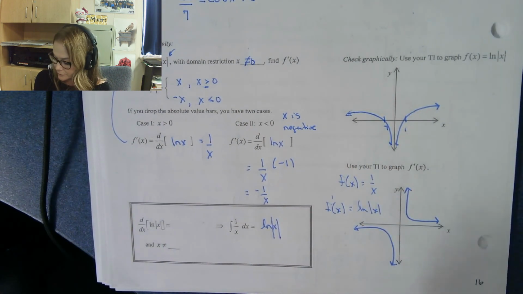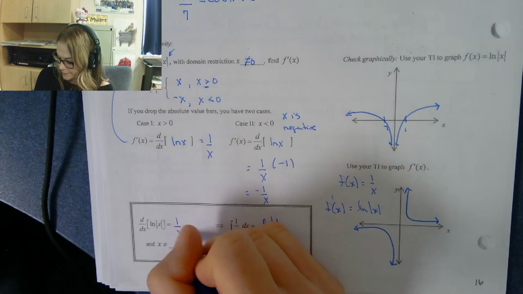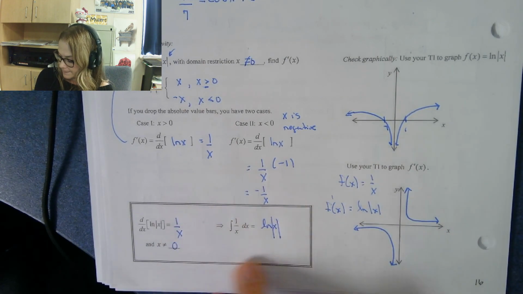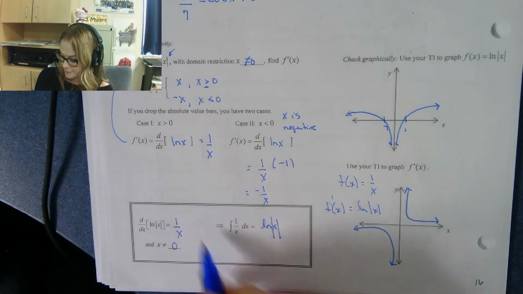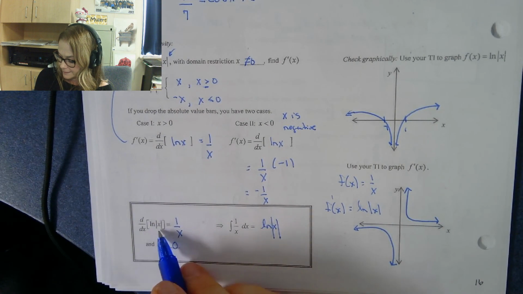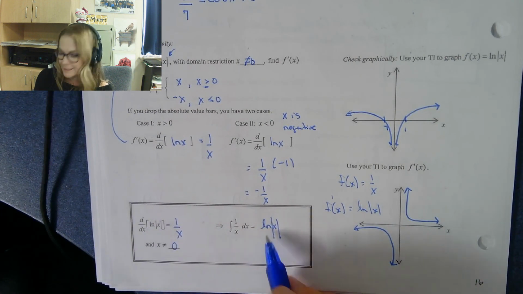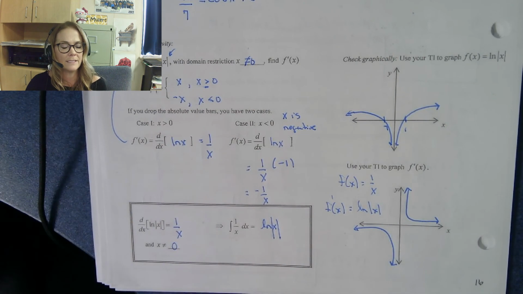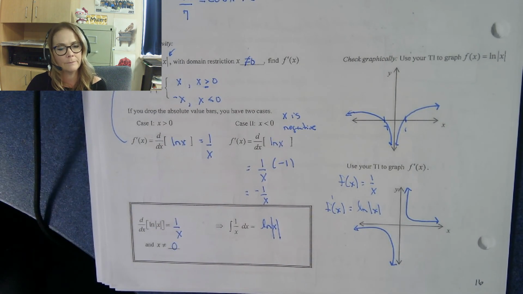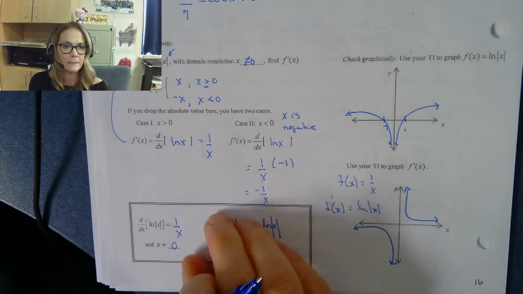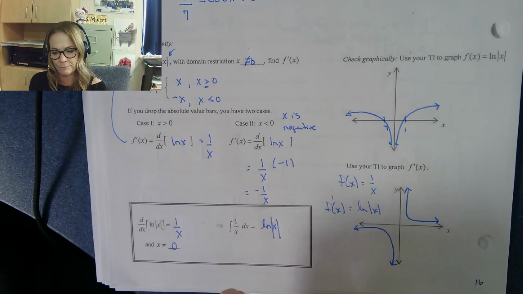So it's something to remember. This is just 1 over x, where x can't equal 0. But when you integrate up, the derivative of the absolute value of x is just 1 over x. That's fine. I always think to myself, I just need to protect what's behind the logarithm. Make sure it's positive. That's the easiest way for me to remember it. This may be too much information.